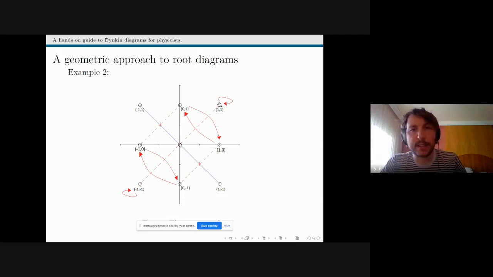I haven't done the analysis myself, but what Dynkin proved was that the simple roots can only ever be separated by 90 degrees, 135 degrees, 150 degrees, and 120 degrees. I can't tell you how he does that proof, but it comes from this geometry.